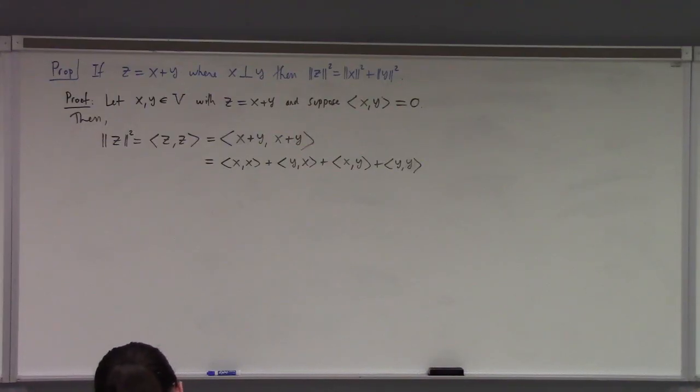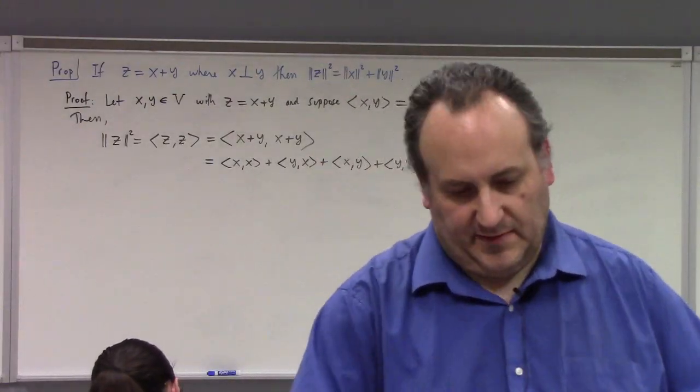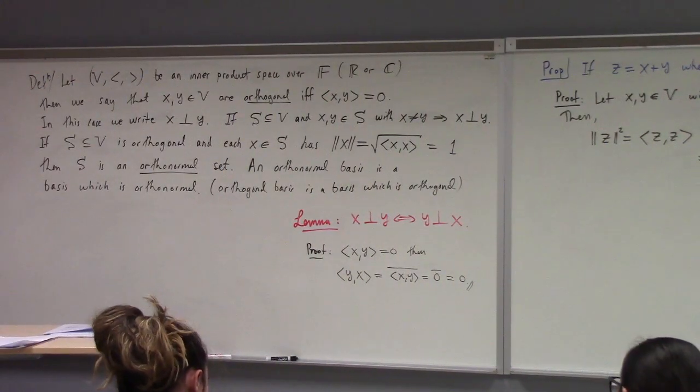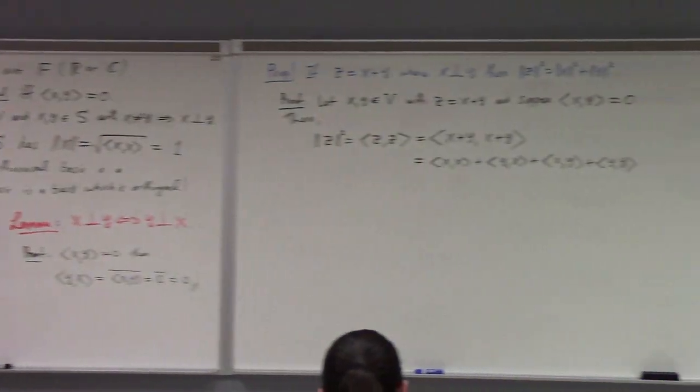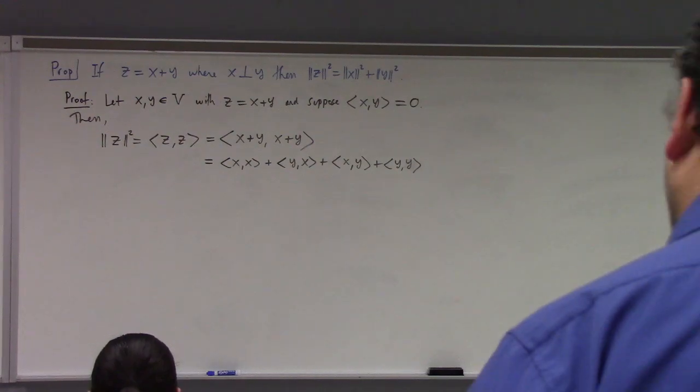If the inner product of x and y equals 0, then the inner product of y and x is equal to the conjugate of the inner product of x and y, which is the conjugate of 0, which is equal to 0. So we can't have the inner product of x and y be 0 unless we also have the inner product of y and x be 0. So good news: x is perpendicular to y if and only if y is perpendicular to x, which is a comfort.